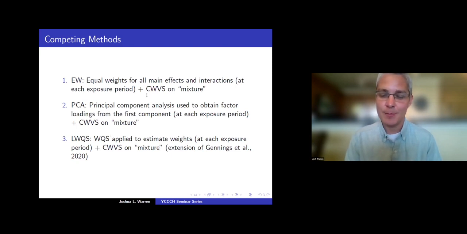For all of these methods, we're using the original CWVS so that the results are comparable across. The only thing that is changing essentially is how we define the weights.